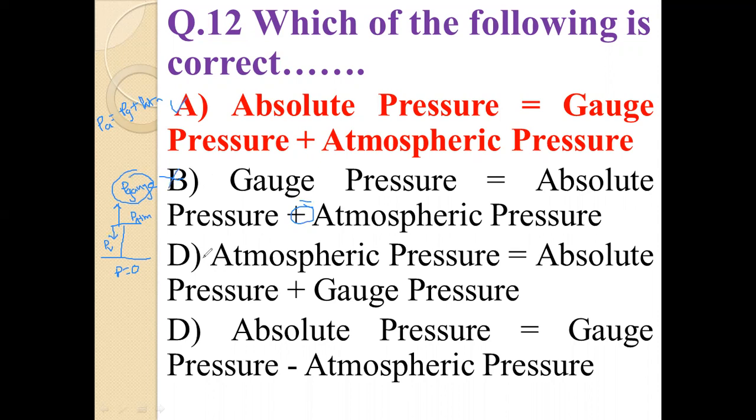Then what about option C? Atmospheric pressure is equal to absolute pressure plus gauge pressure. This is also not a correct option.